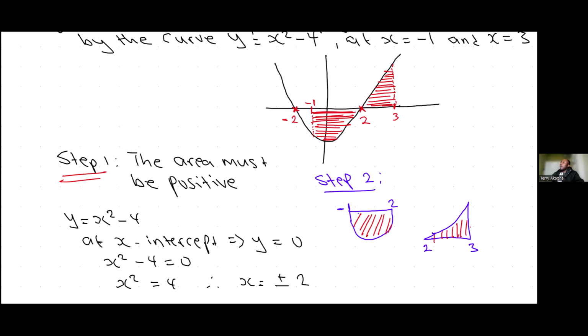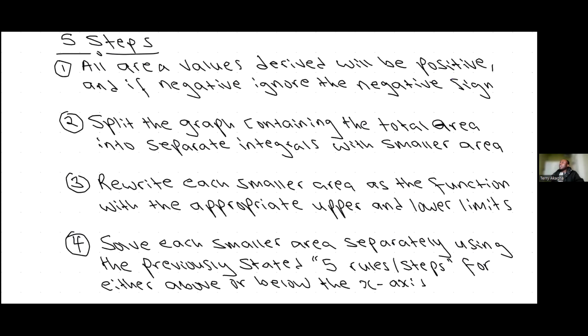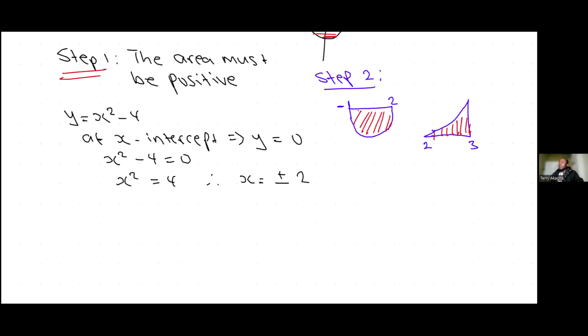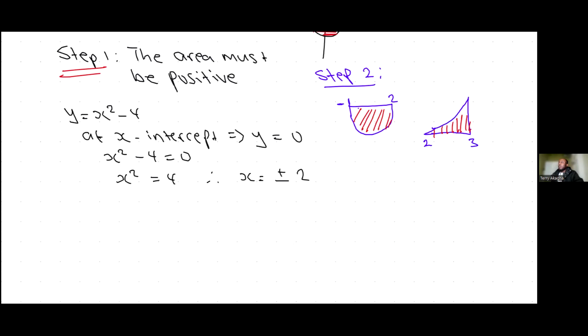Are you seeing it? So the next part, step 3, we're now told that we have to rewrite each area as a function with appropriate upper and lower limits. So that means we'll have to rewrite this now. So we're going to rewrite. This one is going to be, we're integrating between 2 and -1.